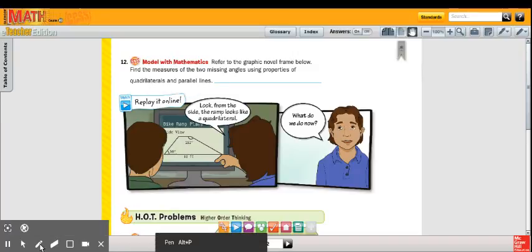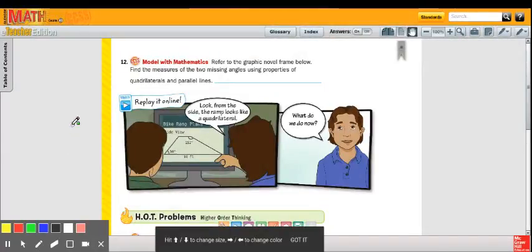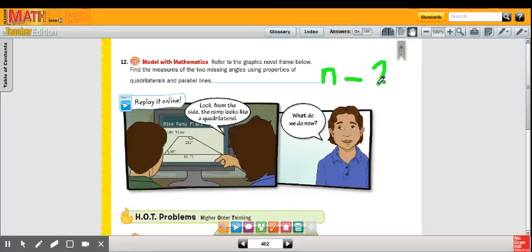Now I know that in a quadrilateral, if I use that formula, n minus 2 times 180, that will tell me what all of the interior angles should add up to, right?